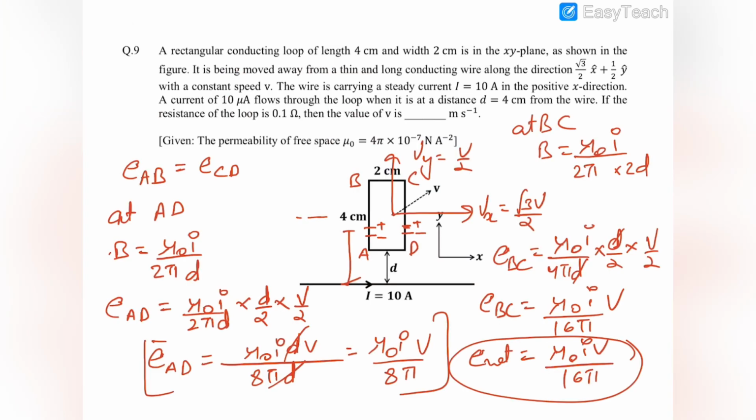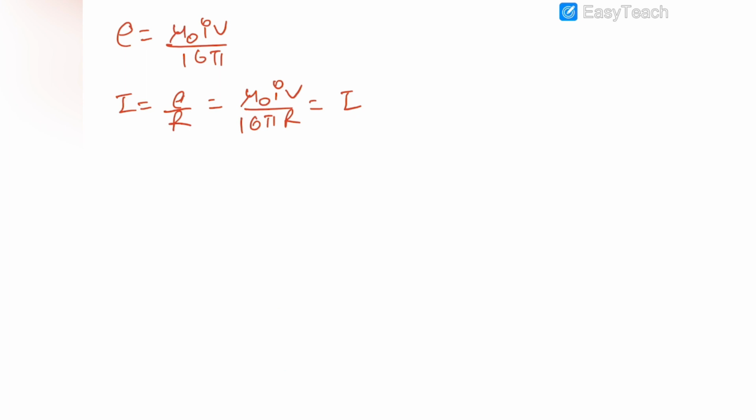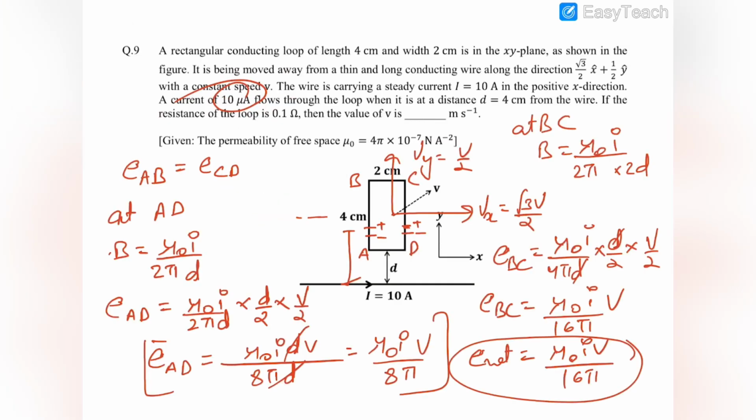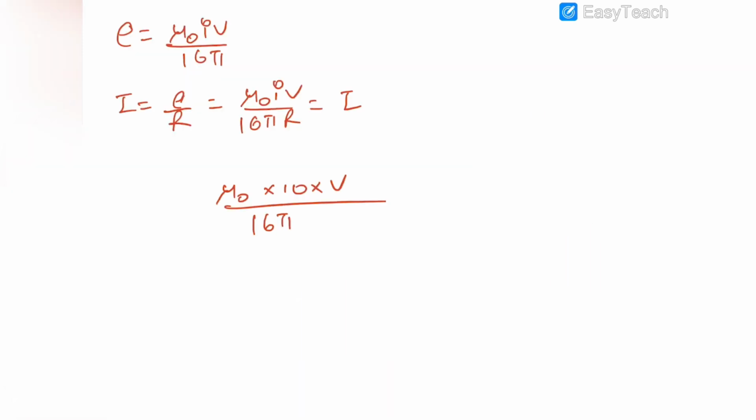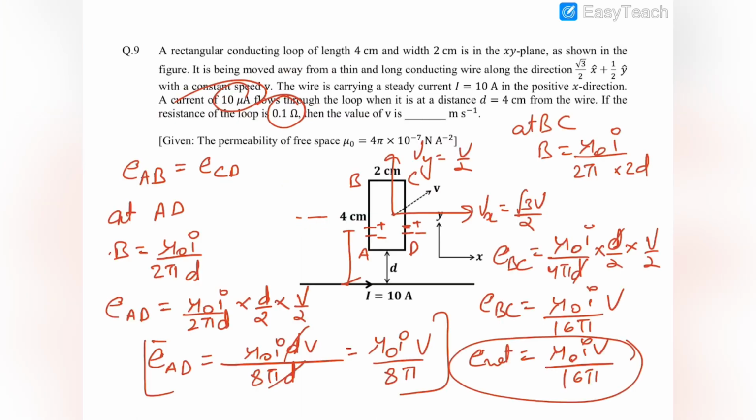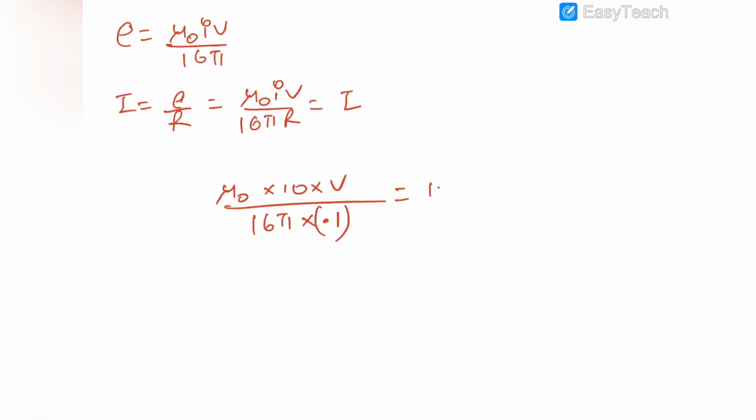Now the value of induced current is 10 microampere and the value of current flowing in the wire is 10. So this is 10 and this is 16 pi, and the value of resistance is 0.1 and the current is 10 microampere. This is 10 into 10 to the power minus 6. Okay.